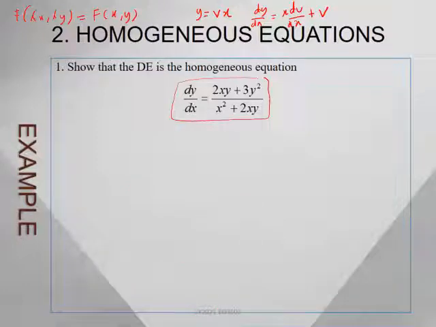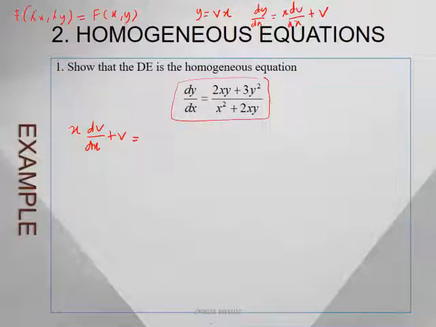So dy/dx will be x dv/dx plus v. It's not a capital V, this is a small v here.